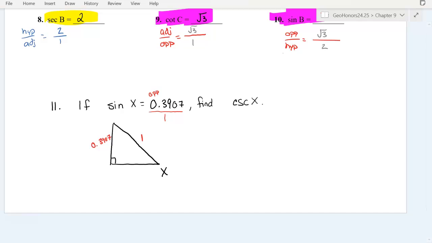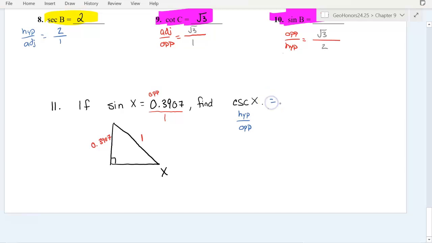And now, the cosecant function, we know that is the reciprocal of the sine function. So if the sine function is opposite over hypotenuse, the cosecant function is hypotenuse over opposite.